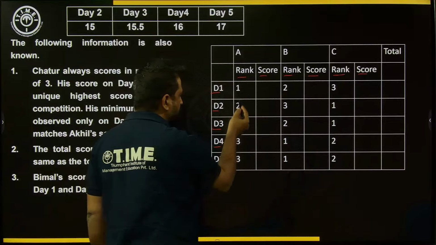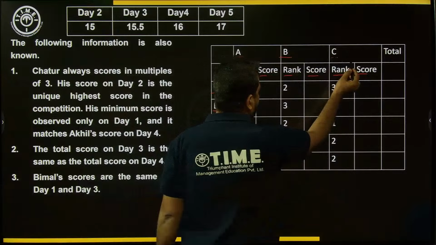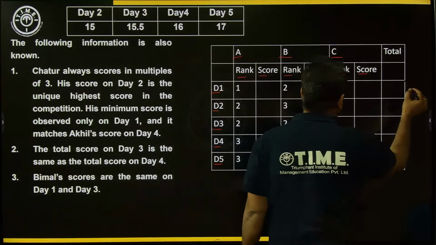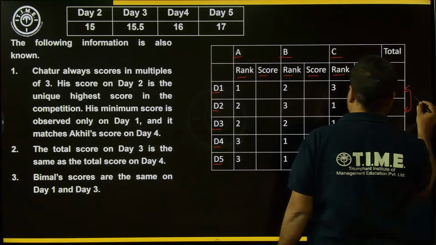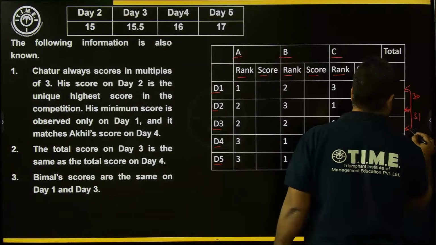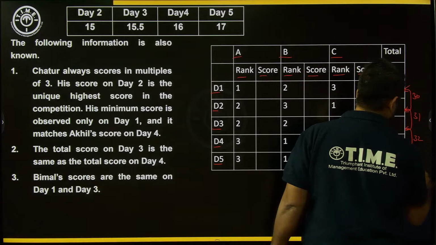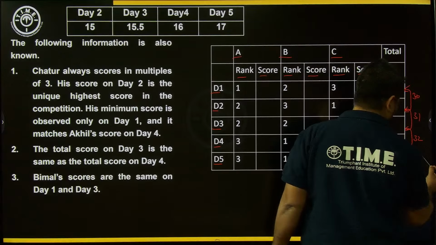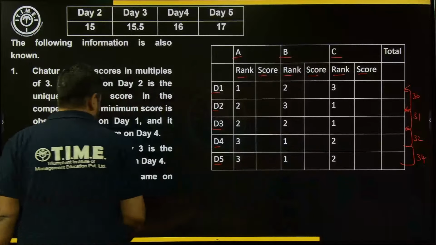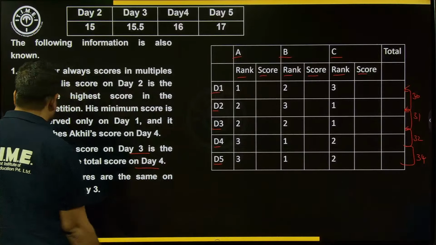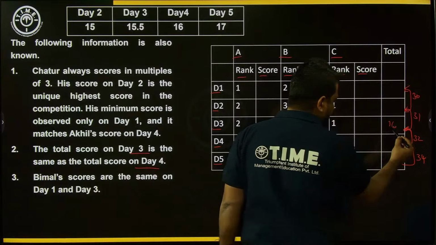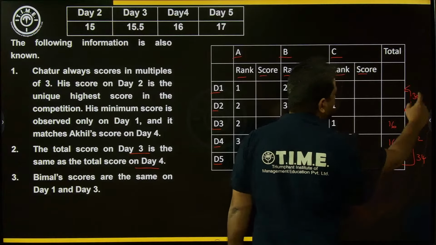Ranks are already given, day 1 to day 5 of A, B as well as C. And here we know very clearly the day 2 average is 15, meaning the sum of these two will be 30, that we already discussed, and these two will be 15.5, meaning 31, and here 16 meaning 32, and here it will be 34. Day 3 and day 4 are totally the same, and the sum should be 32, so it should be 16 each.